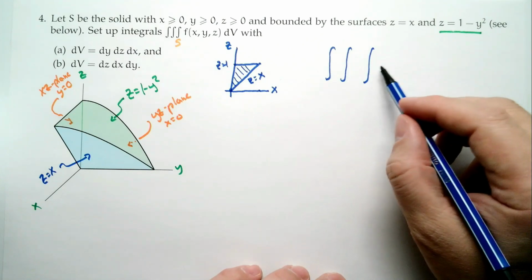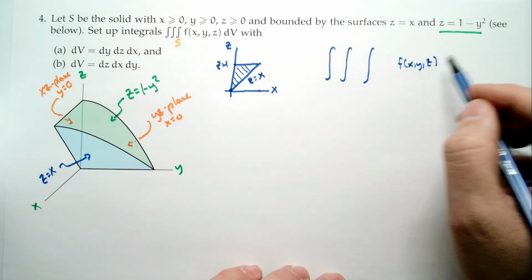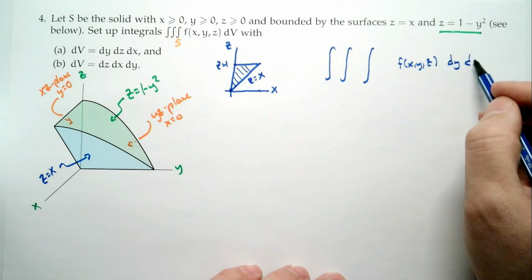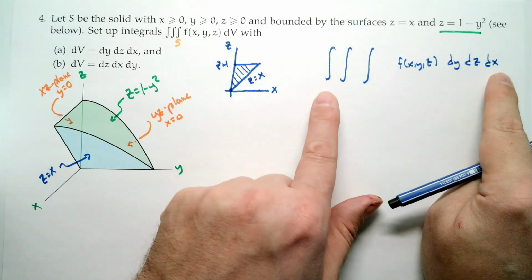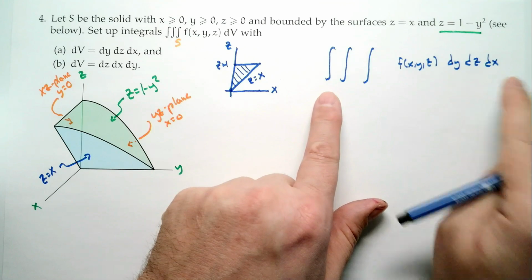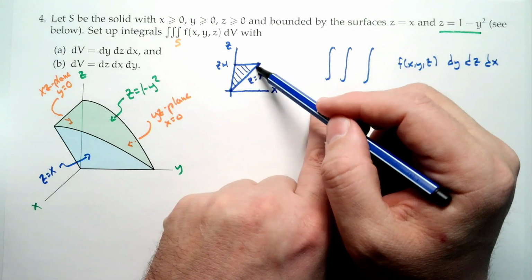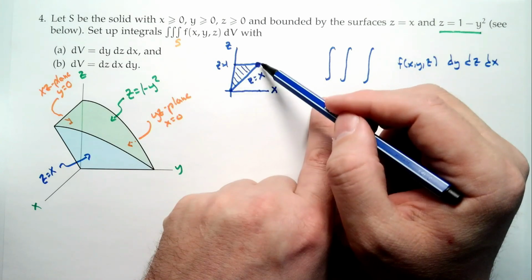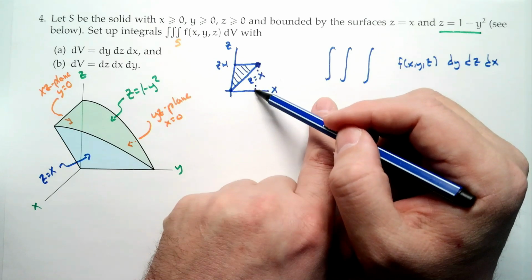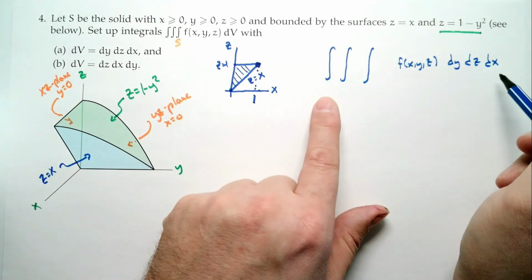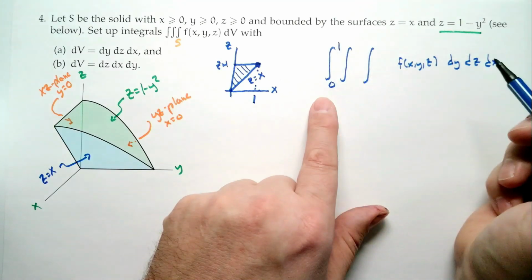Then I have my same function, f of x, y, z, dy, dz, dx. So I start with my x, and I say, okay, where does x go from? Well, according to the picture, I need to see these two curves intersect here. z equals x, z equals 1 would correspond to x equals 1. So x is going from 0 up to 1.